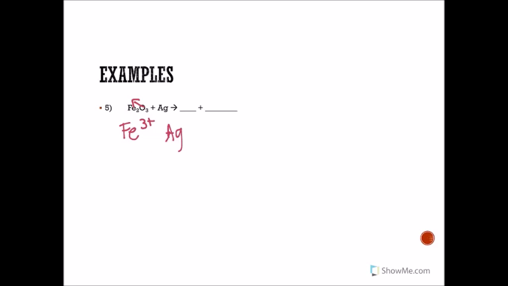So if we look up silver, silver is not very reactive. And iron, actually both irons are much more reactive. So iron is going to grab hold to its oxygen. It's not going to let go of the oxygen. Therefore, this will be no reaction. Just write no reaction and be done with that guy. There we go. That's single replacement reactions.